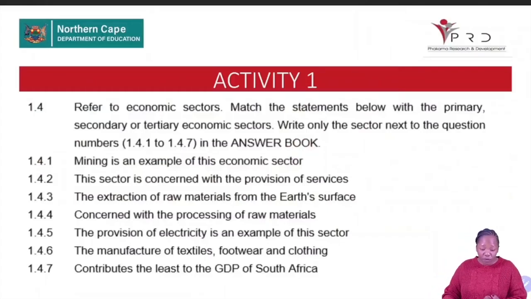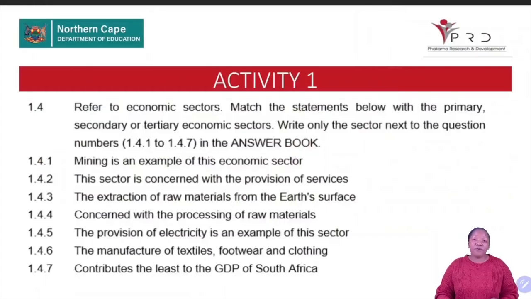If you may read the questions together, it says the mining is an example of this economic sector. So hence I stress that you need to know the definitions, you need to know the examples of each and every sector. So second question, this sector is concerned with the provision of services. Our third question, it says the extraction of raw material from the earth surface.